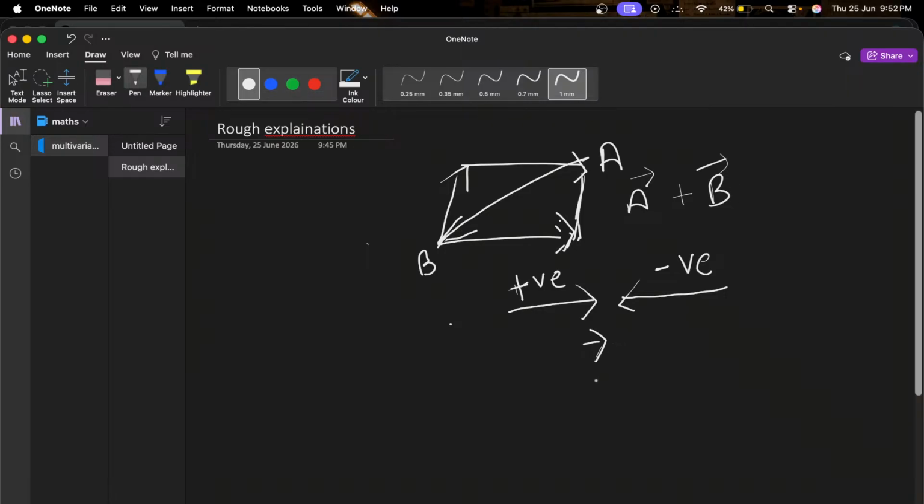And if they are in the same direction, we can add it. Okay, it makes total sense if we understand this in a much easier sense. So tail to tail means they are going in the opposite direction, that's why we can subtract it. And tail to head means they are going in the same direction, so we can add it. Okay, it makes sense now.